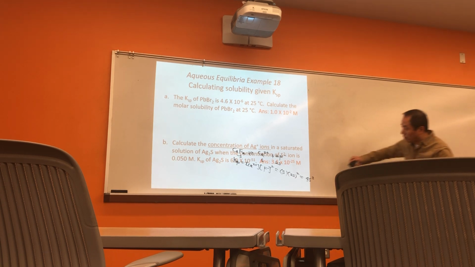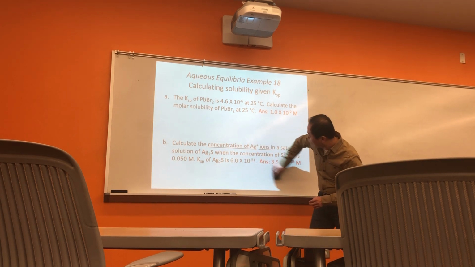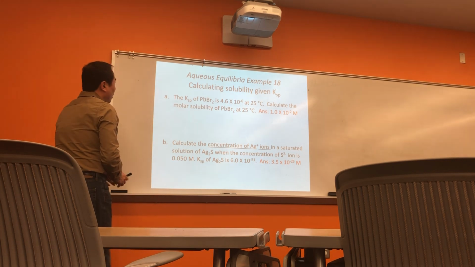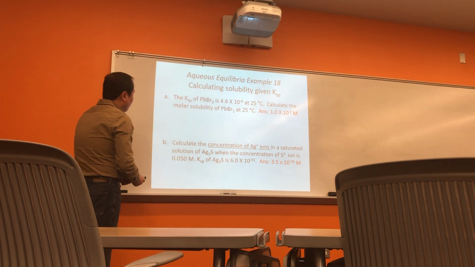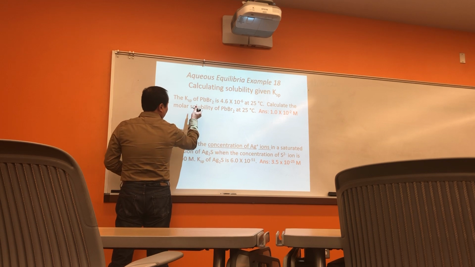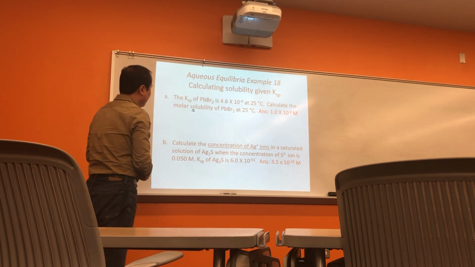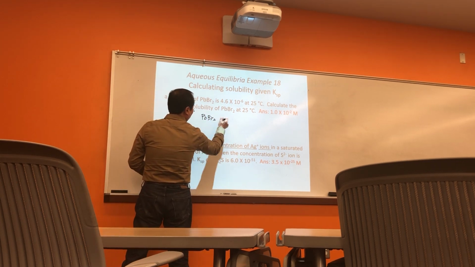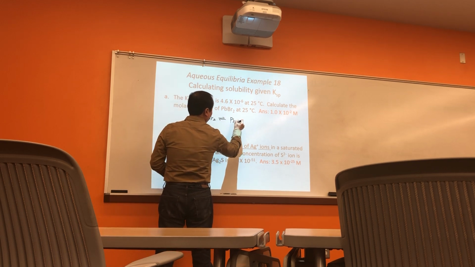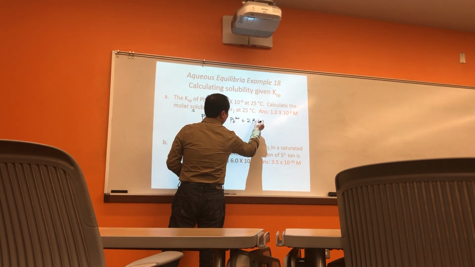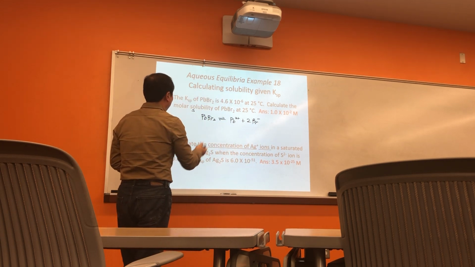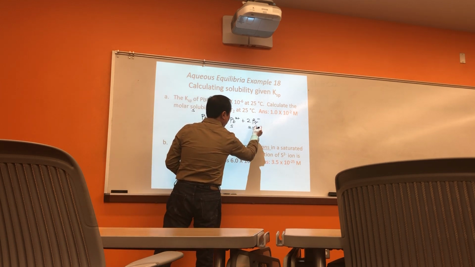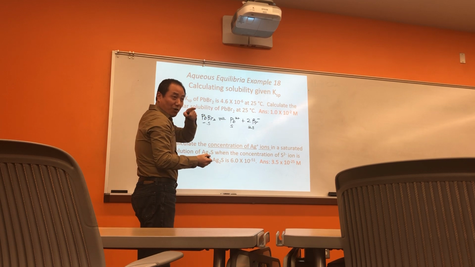So this is a continuation of what we did last time. We want to find the molar solubility. Let's use S for solubility here. And lead bromide will dissociate as Pb2+ plus 2 bromide. So if S amount dissolves, we're going to have S here, 2S there. It's the same situation as what you asked just now.